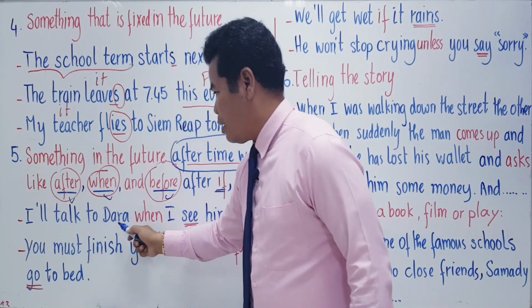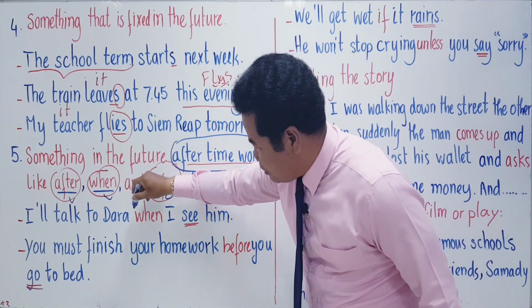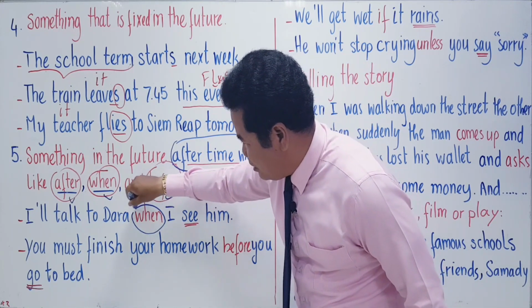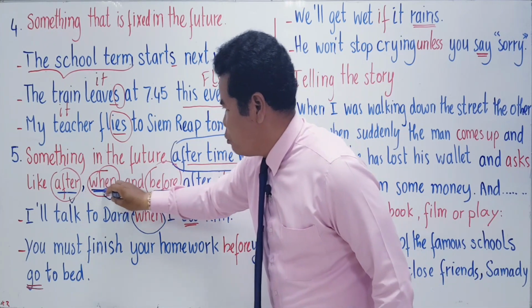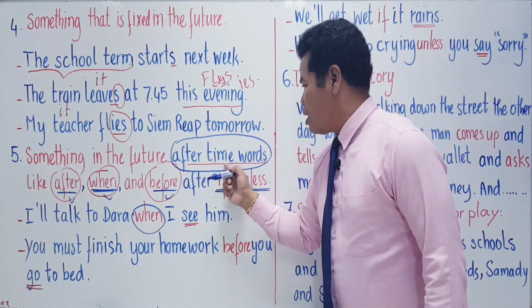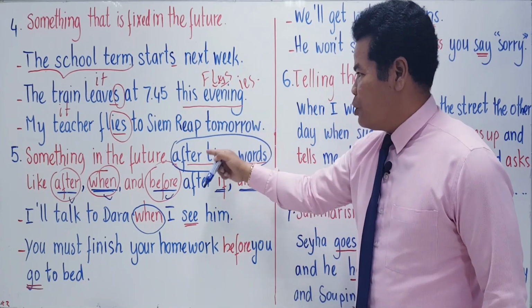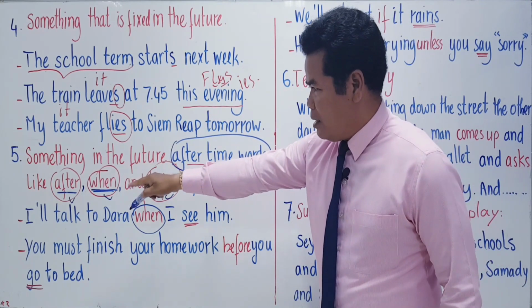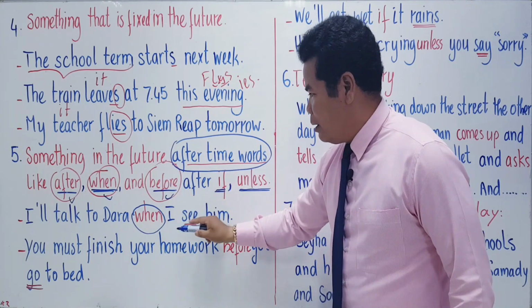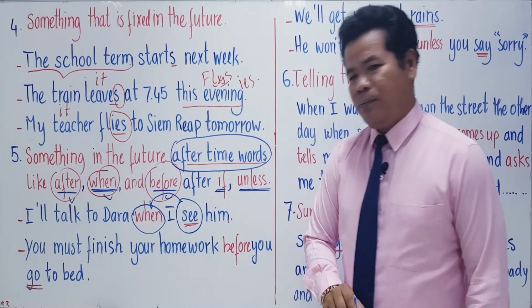Can you have a look at the word when? Let's go to rule number 5. When is called a time word. So as it says, after time words, after, when, and before, present simple can be used after that.